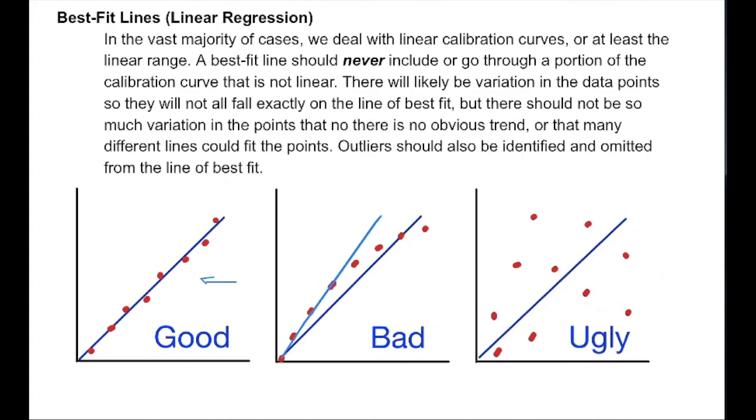So you want to exclude any points that deviate from linearity. In this case, I've chosen these 4 points as deviating. Maybe only 3 points actually deviate, but we'll say in this case that we have 4 points that deviate. Don't include those in your straight line determination. Use only the first 4 points in this case, and that ends up being a good calibration curve because we're only using those 4 points.